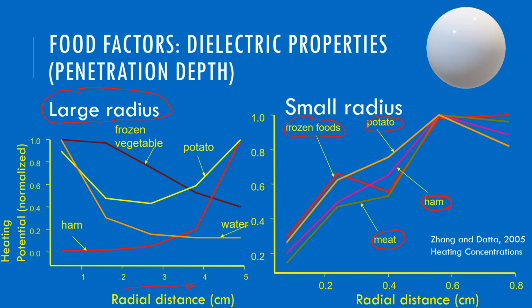What you see is that almost all foods of this smaller size, in this case the radial distance goes up to 1.8 centimeter, so these are 0.8 centimeter radius spheres, behave similarly in terms of energy deposition with radius, for all different food properties.